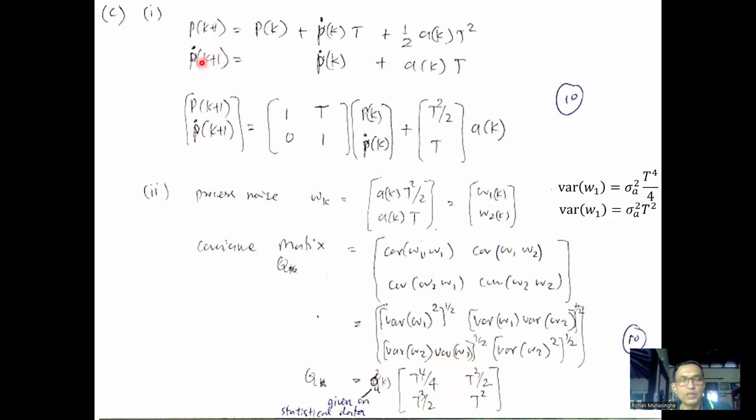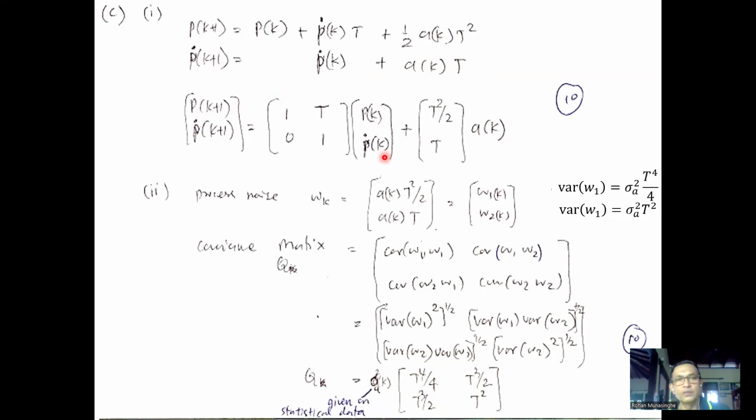That is p dot k plus 1 is equal to p dot k, the present velocity, plus acceleration times time. Then you can write down these two equations, one for position update and the other for velocity update, in matrix form or state space model. On the left hand side, you get the position update. On the right hand side, you get the present position.